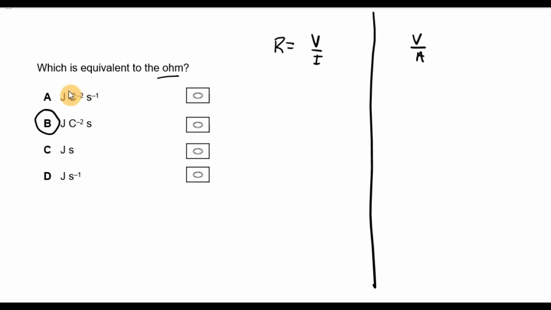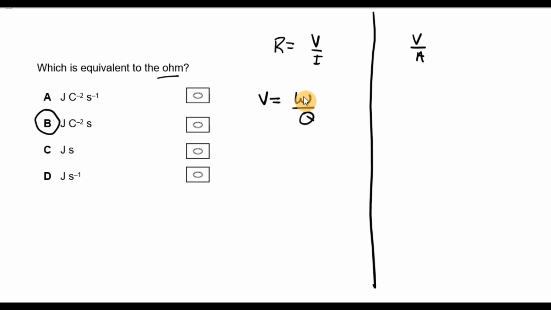Well, I've not got any volts and I haven't got any amps in this particular question, so there's a bit of a problem. I need to find things that contain joules, so energy, coulomb, charge, and time, seconds. So I also know that potential difference is equal to work done per unit charge.